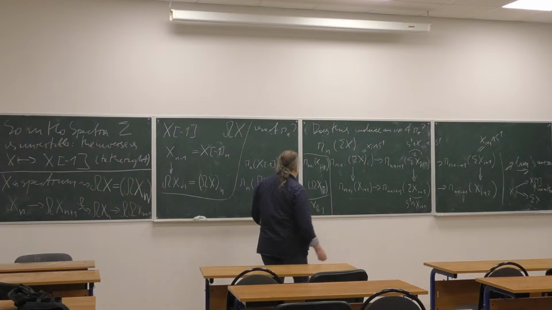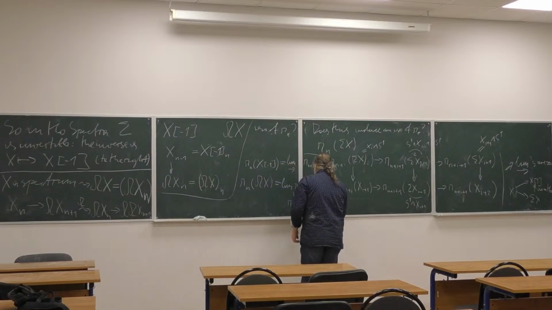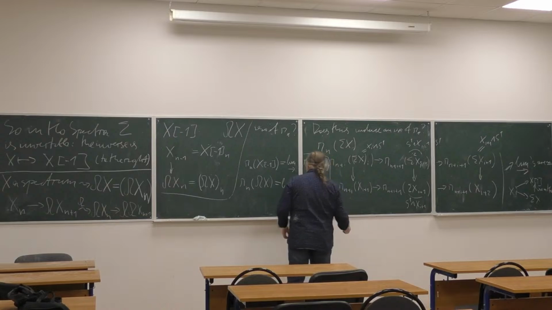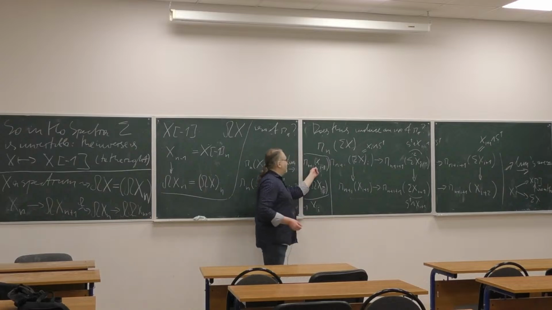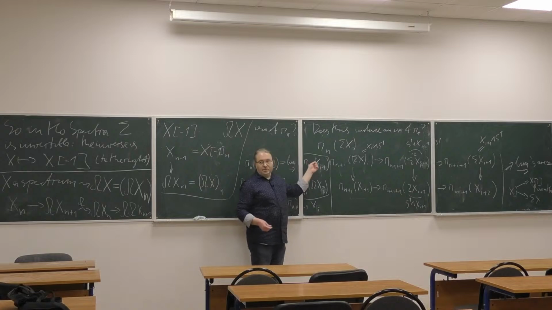Oh, sorry. No, it's x i, not i minus 1. And then we just have two variables which we use to pass to the limit.